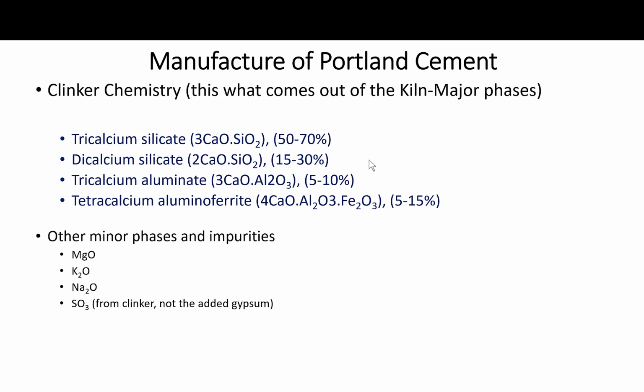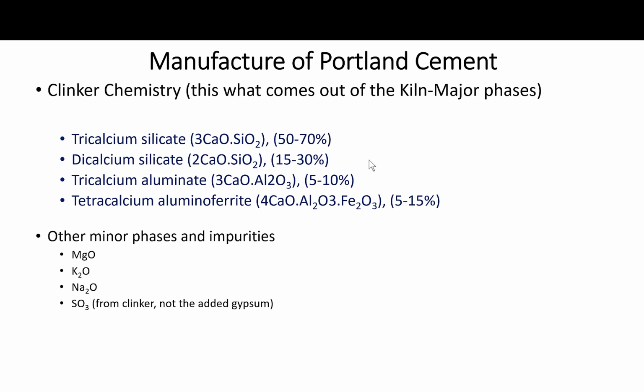So these are also intentionally added, if not sufficiently present in the primary raw materials, in the form of iron ore and bauxite. And again, they are fluxing agents, and the benefit is they reduce the energy demand inside the kiln.